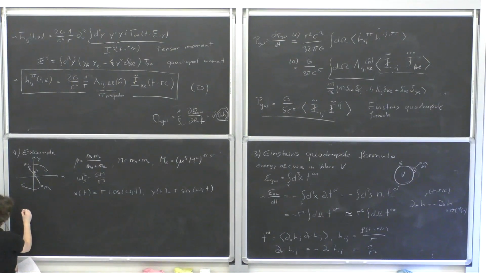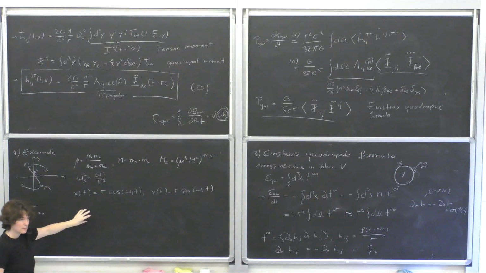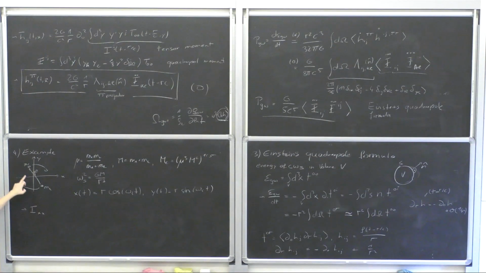And now we can directly compute the quadrupole moment. So we compute Ixx, which was just the volume integral over x1 x2 times the energy momentum tensor. Now, the energy momentum tensor is just a delta function at the position of the two particles, or at the reduced position of the effective one-body problem.